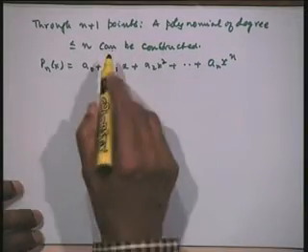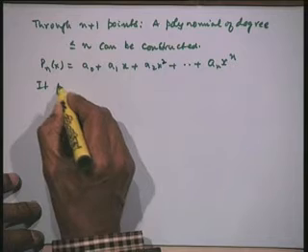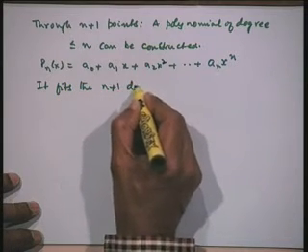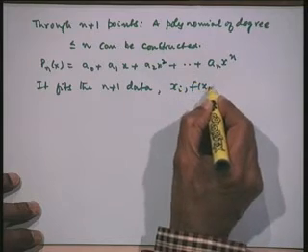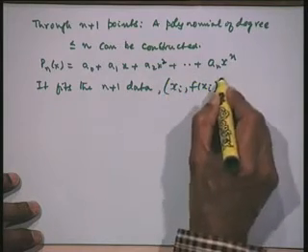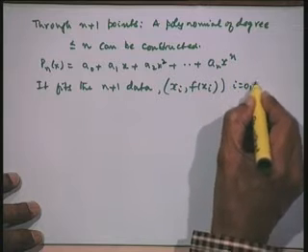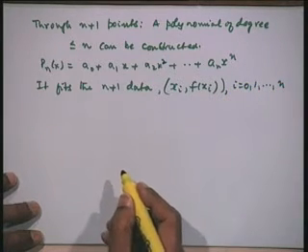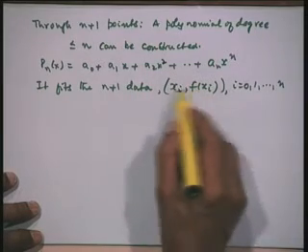This polynomial is fitting the n plus 1 data x_i, f(x_i), i equal to 0, 1, ..., n. That means this polynomial is exactly satisfied by this data.